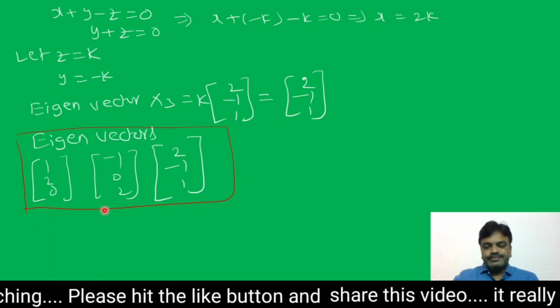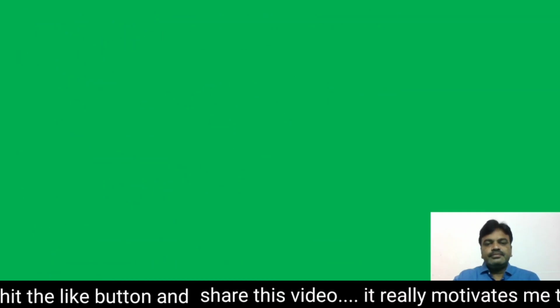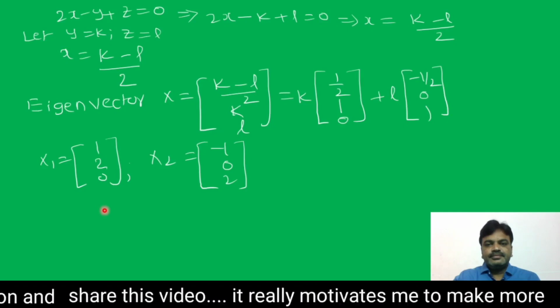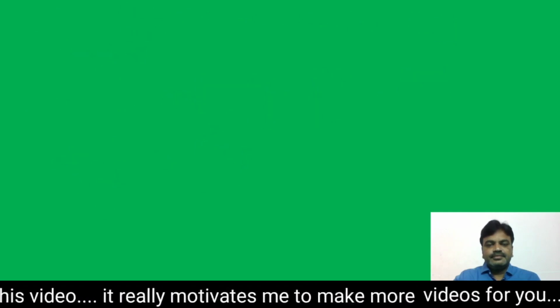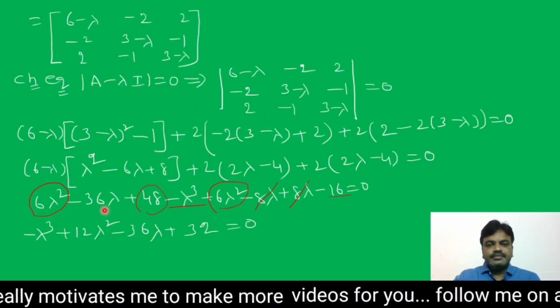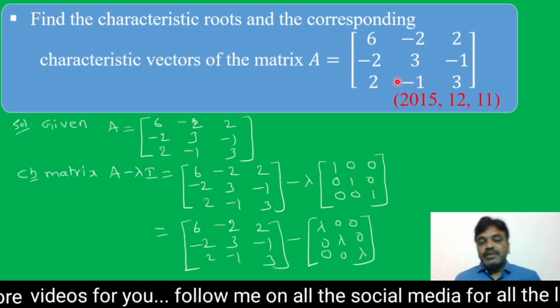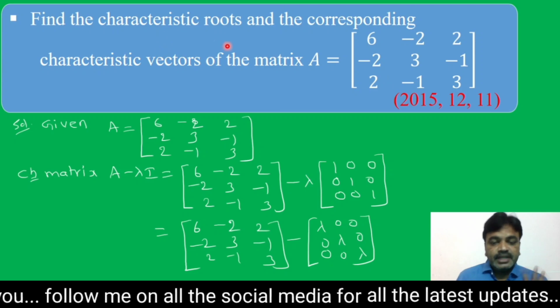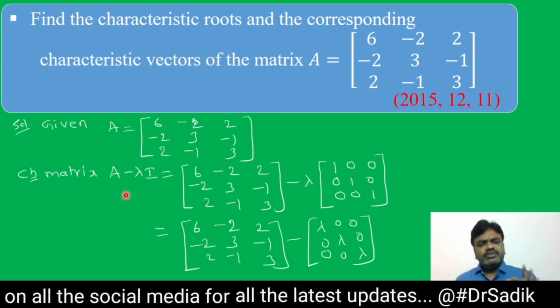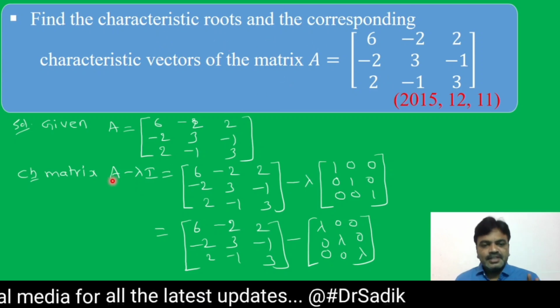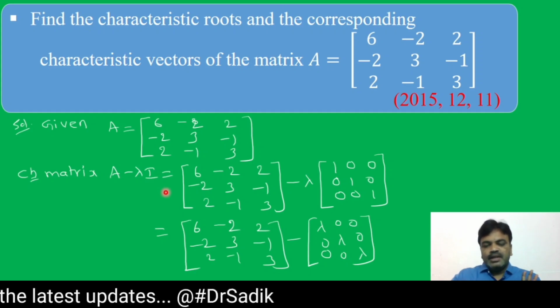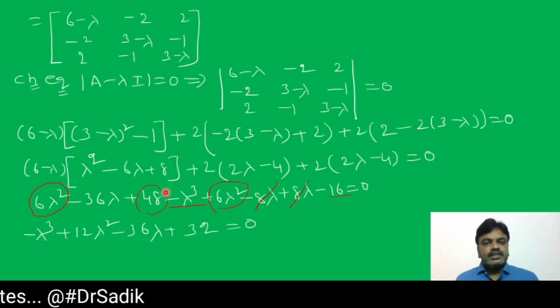Once again, he is given a matrix here and says find eigenvalues and eigenvectors. What is step 1, friends? Step 1 is the characteristic matrix A minus lambda I. I substitute here, then we get a characteristic matrix like this.